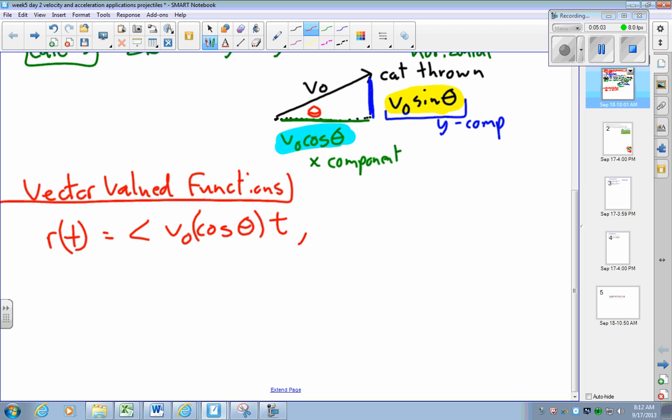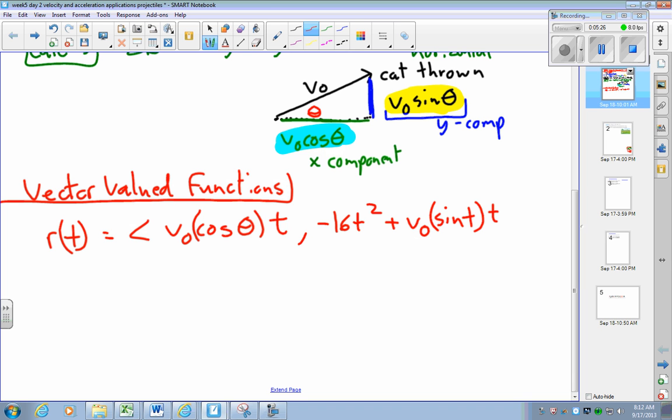So then for the vertical part, you still have the negative 16t squared, because that's all about gravity, and gravity is all about up, down. Gravity has nothing to do with left, right. You have that. You have the initial velocity in terms of sine.